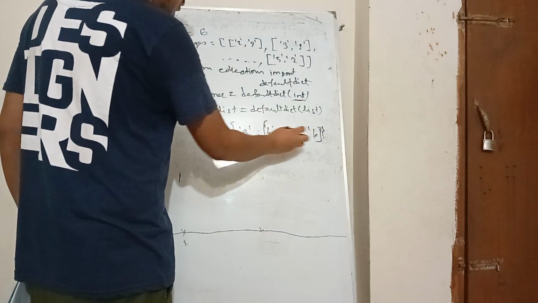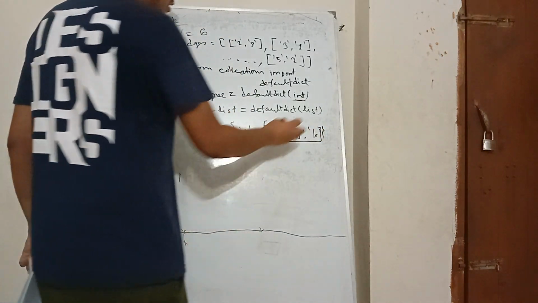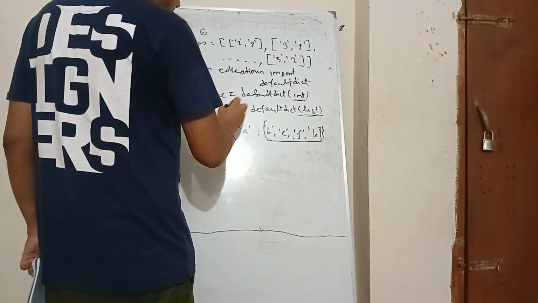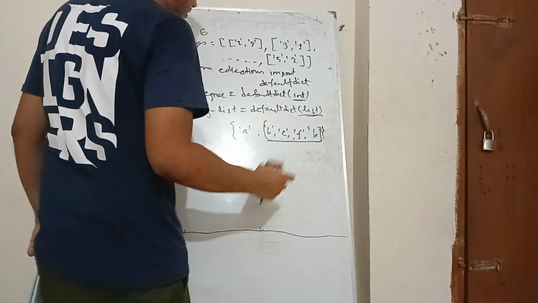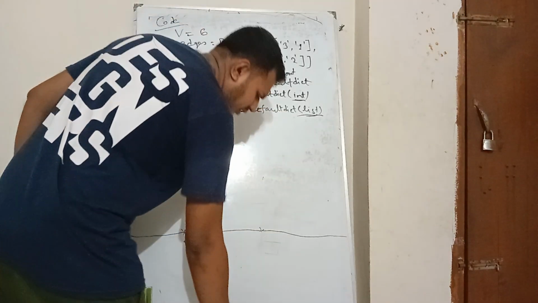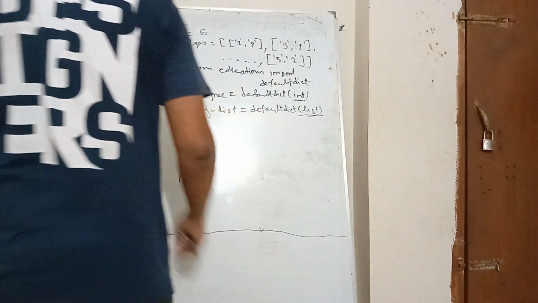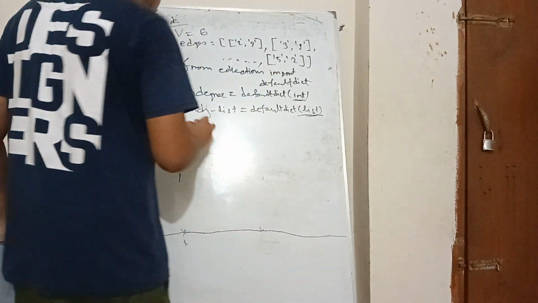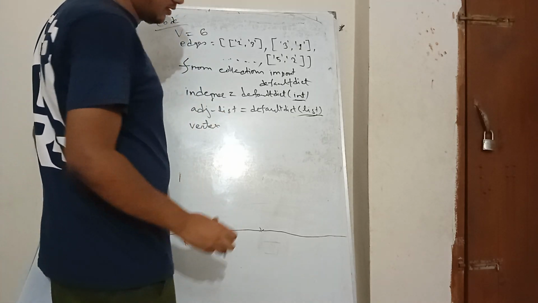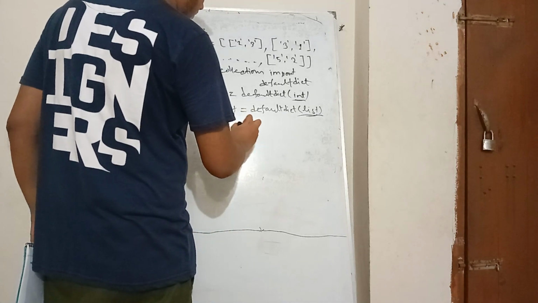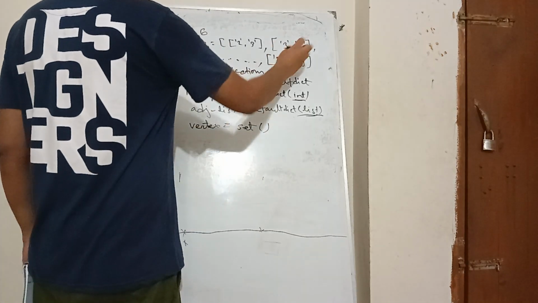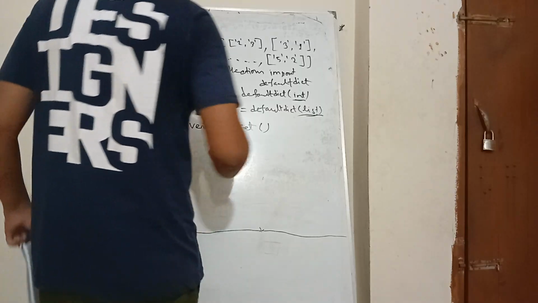So key value. The values are in a list. So defaultdict list. Actually, this adjacency list means the adjacency representation of the graph. Yet we don't have the collection of all vertices. So it is a set of vertices, all the vertices in the graph.